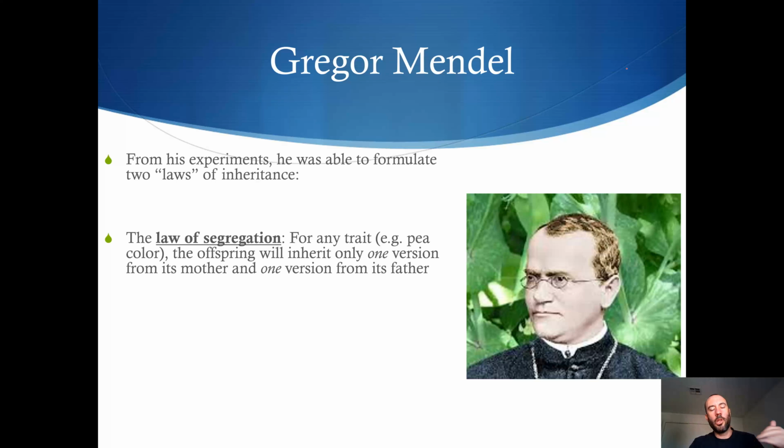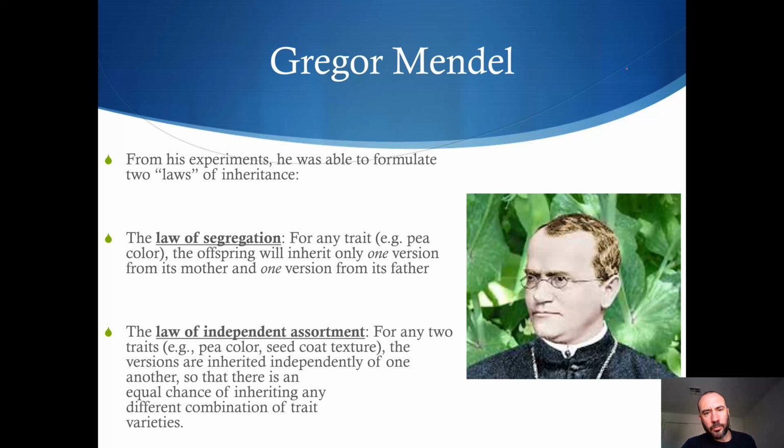And so the law of segregation means that for any trait, for example, pea color, green or yellow, the offspring will inherit only one version of that trait from its mother and one version of that trait from its father. So if your mother had one green allele and one yellow allele, she could only pass on either green or yellow, right? And if your father had one green and one yellow, he could only pass on either one green or one yellow, okay?